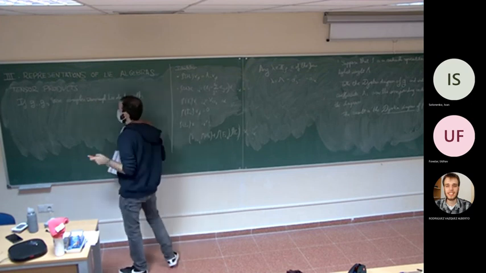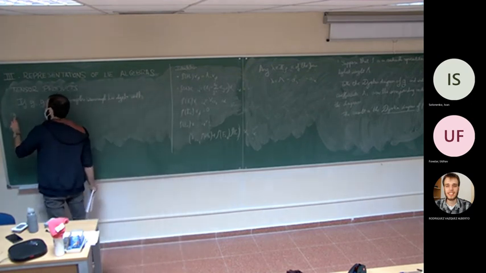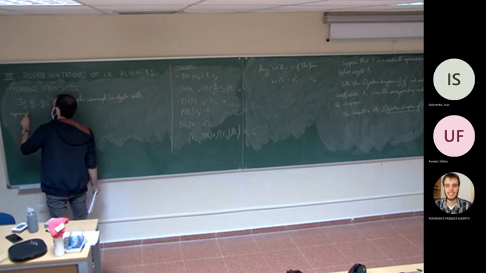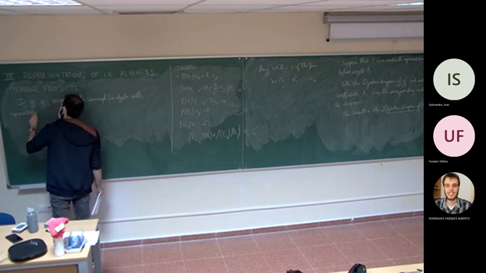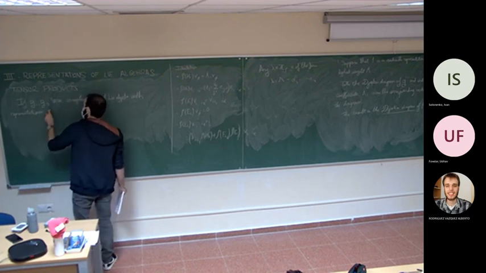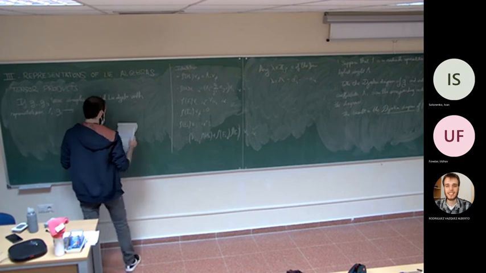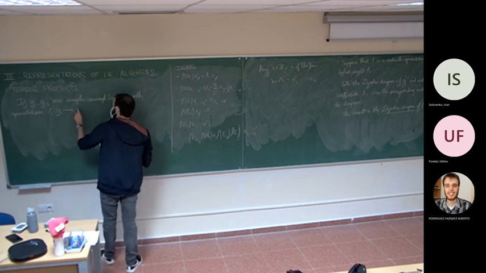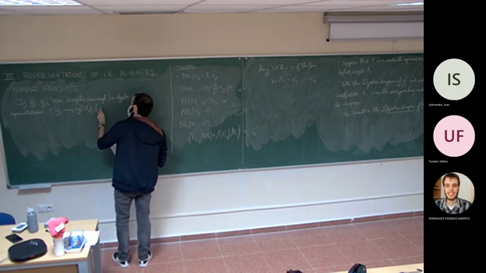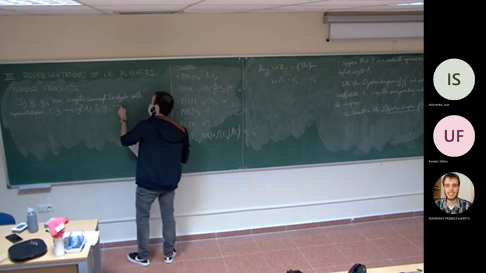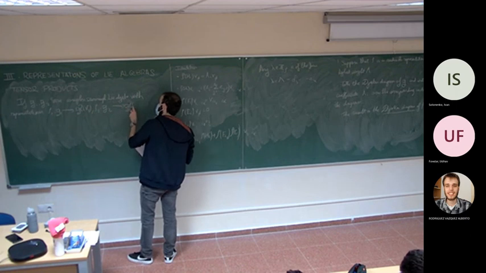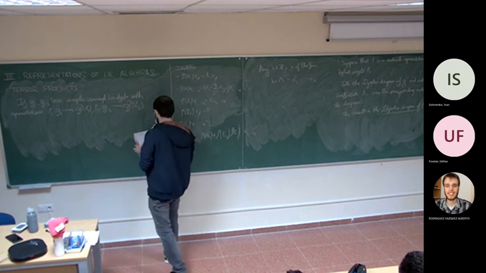So we have two representations: rho 1 from G1 to GL of some V1, and rho 2 that comes from G2 up to GL of some V2.